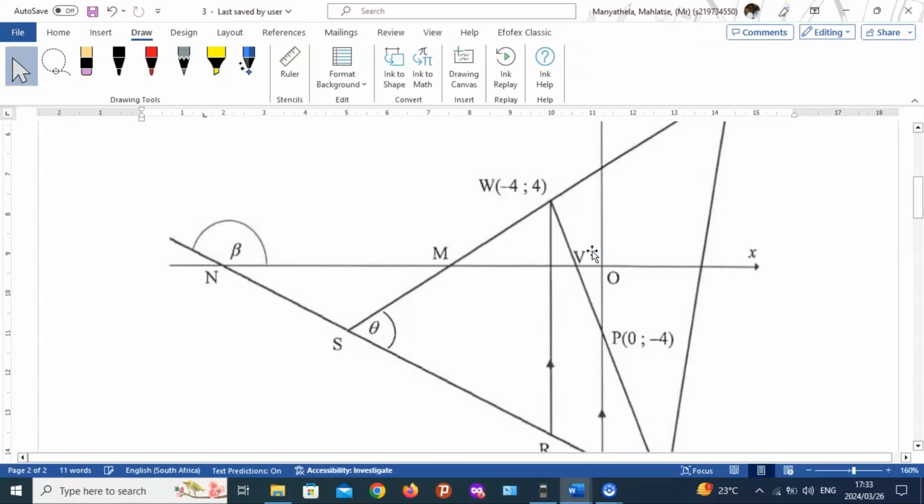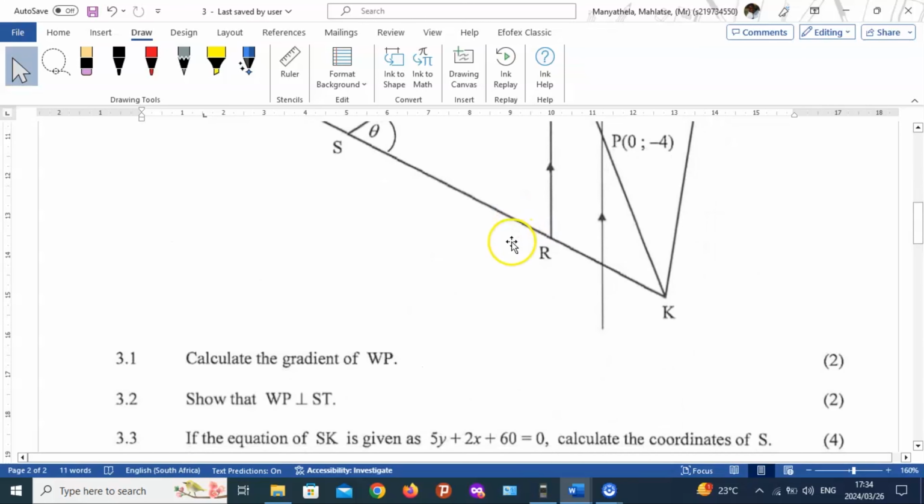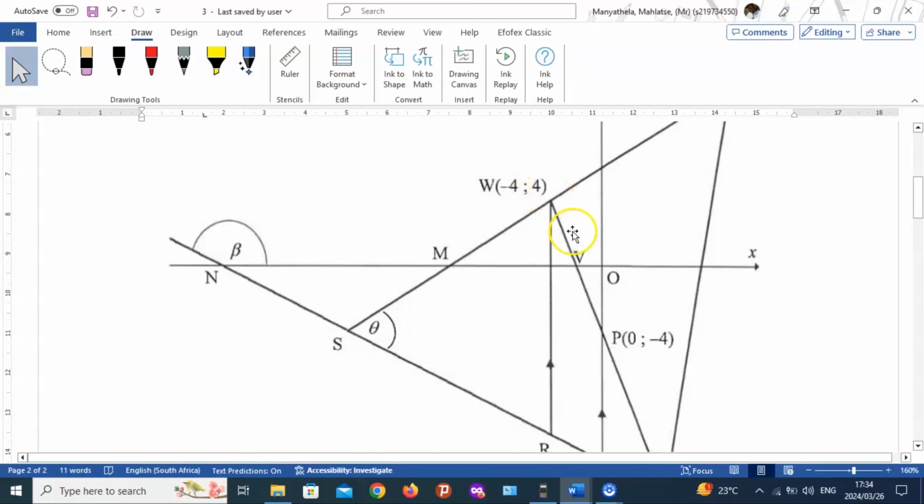We have two coordinates being W and P. To find the gradient, we say change in y values over change in x values, delta y over delta x. We have the y value here as 4, the y value here as -4, the x value as -4, and the x value here as 0.